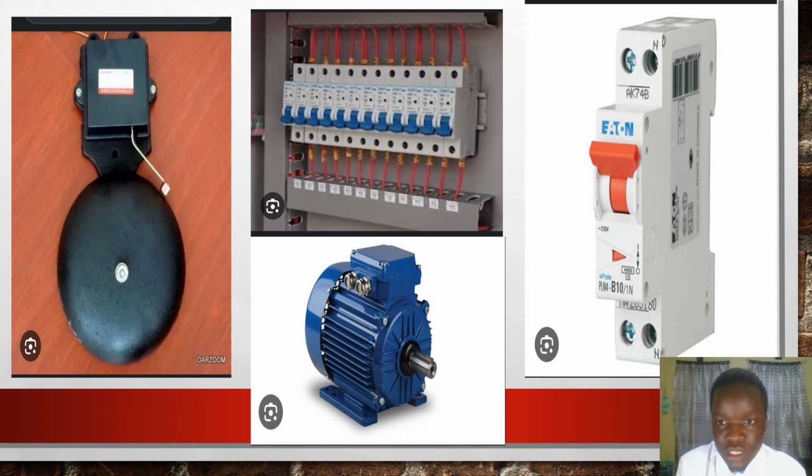The last one is a circuit breaker. The circuit breaker is normally found in a meter box. You can see it in schools, at homes, workplaces. The circuit breaker helps in cutting off high unwanted current. A meter box normally contains AC current, hence a circuit breaker may contain AC current.